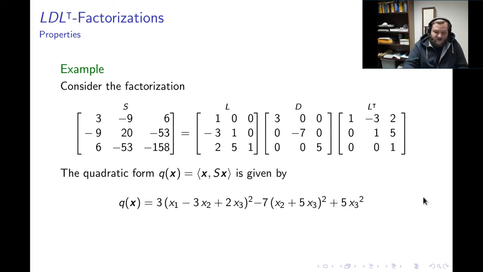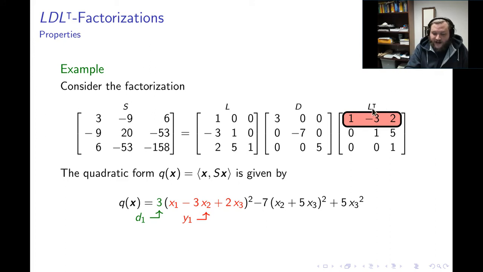What are those specific entries? Well, d1 should be the first diagonal entry of D, which is 3. y1 should be the first coordinate of L transpose times the input vector x. If I multiplied L transpose by x1, x2, x3, the first coordinate would be 1 times x1 minus 3 times x2 plus 2 times x3. So that's my y1.